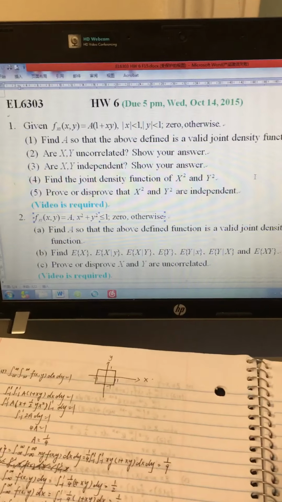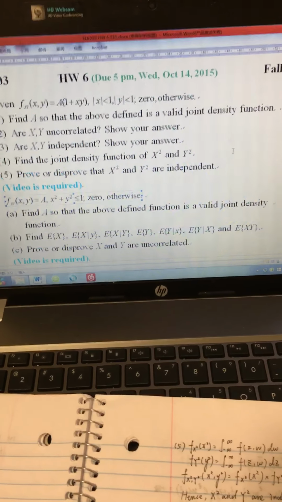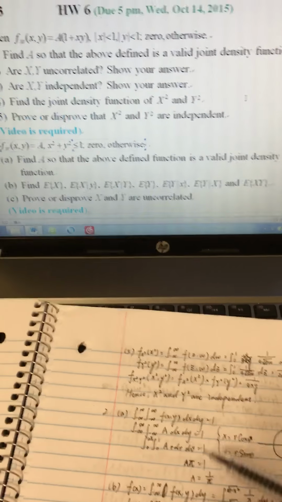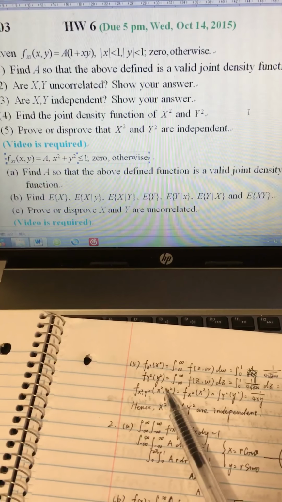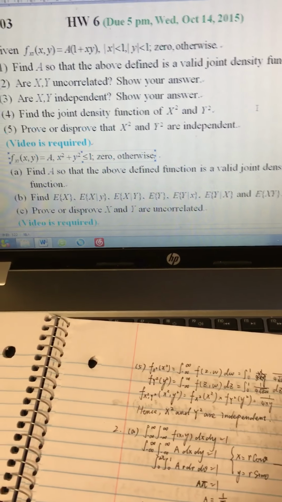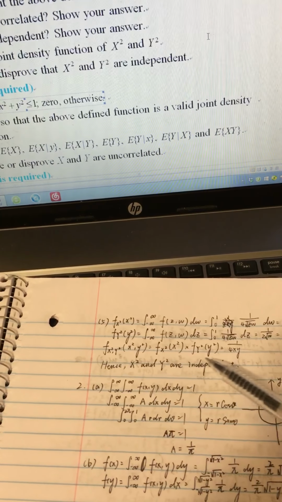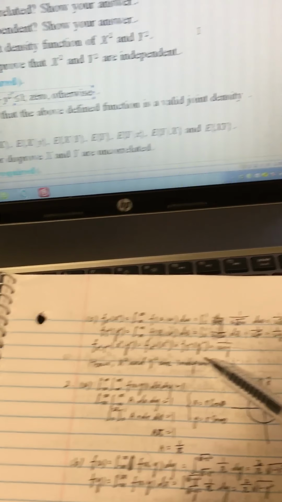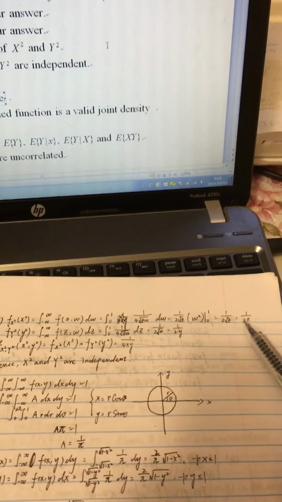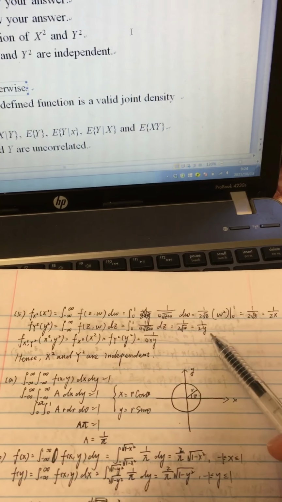And the fifth question: prove or disprove that x squared and y squared are independent. As I mentioned above, to prove or disprove whether x squared and y squared are independent, we need to calculate whether this equation holds. The marginal of x squared we could get is 1 over 2x, and this one is 1 over 2y.